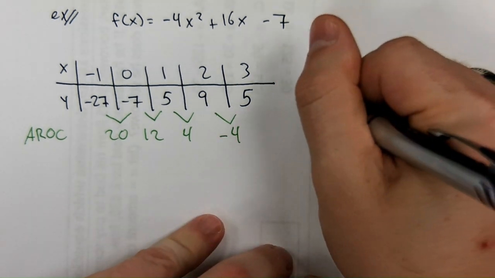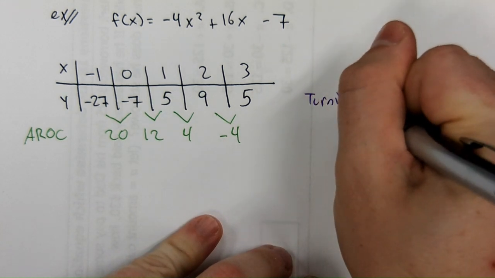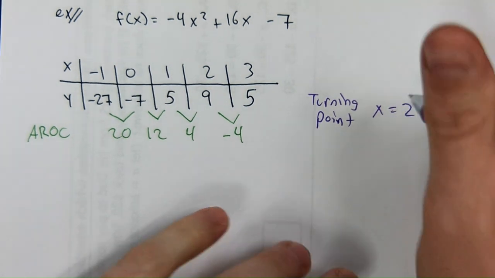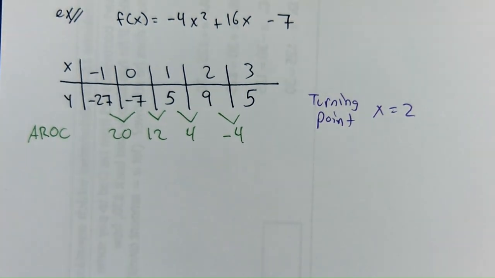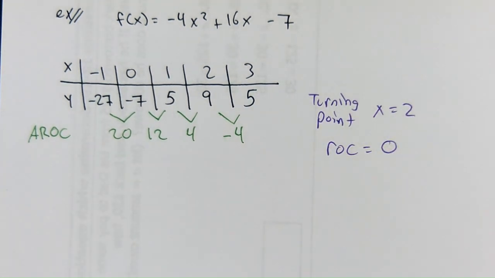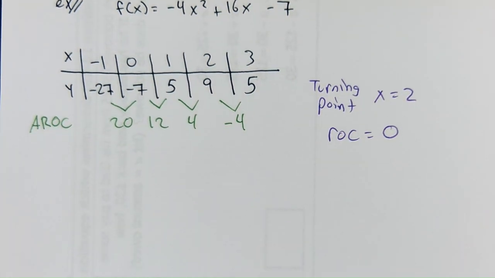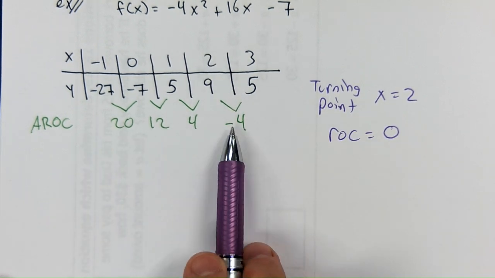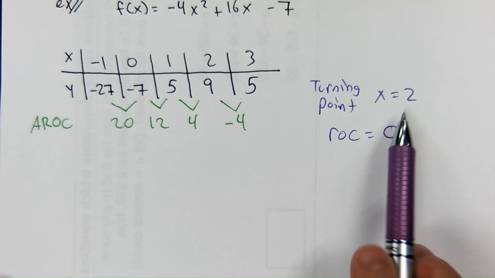We have a turning point at x equals 2. And that turning point is always going to be a place where rate of change is 0. That's true for all turning points. So right here, because I went from increasing to decreasing, there's a turning point at x equals 2.